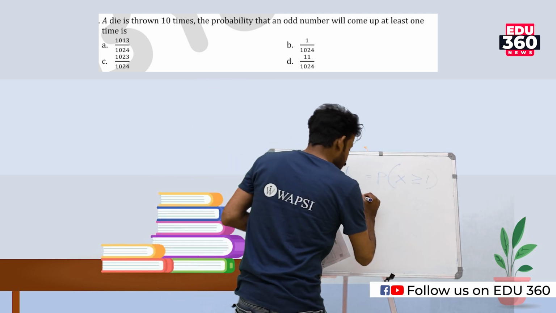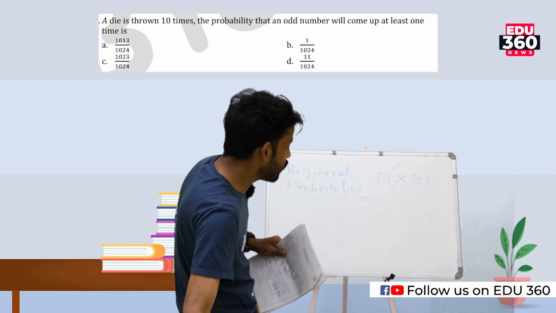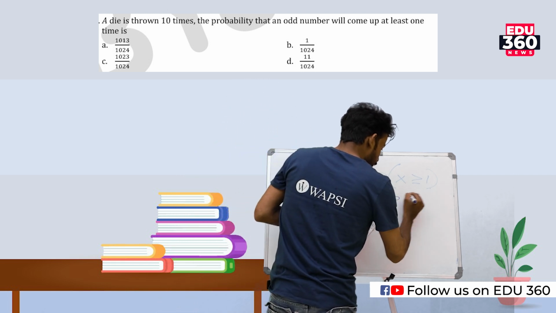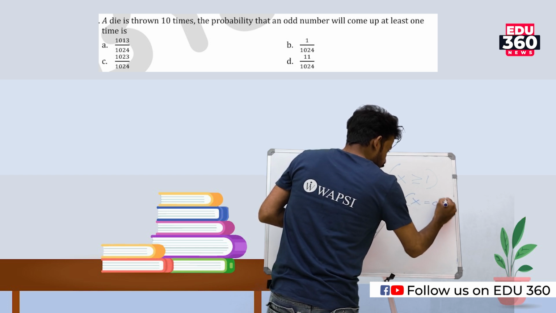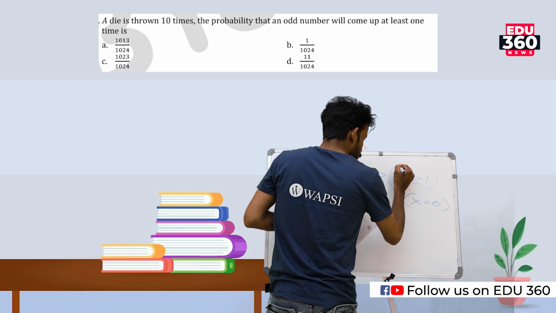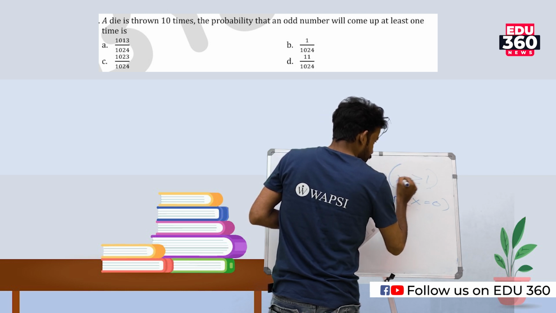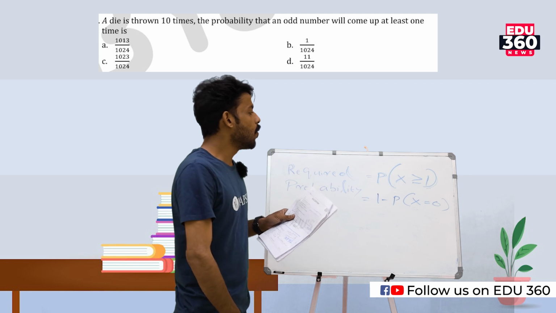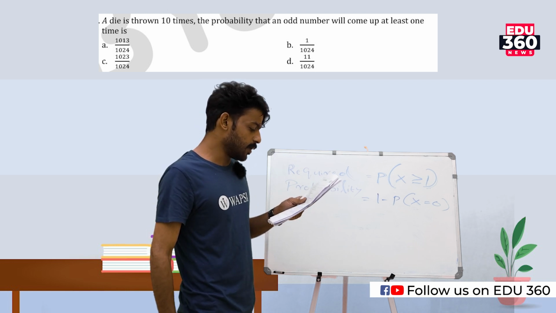We can write this as 1 minus P of x is equal to 0.